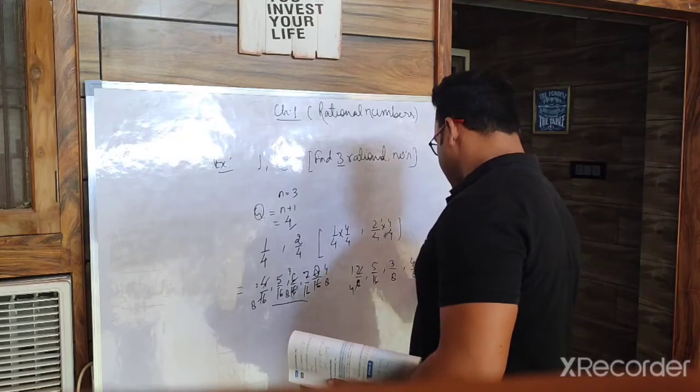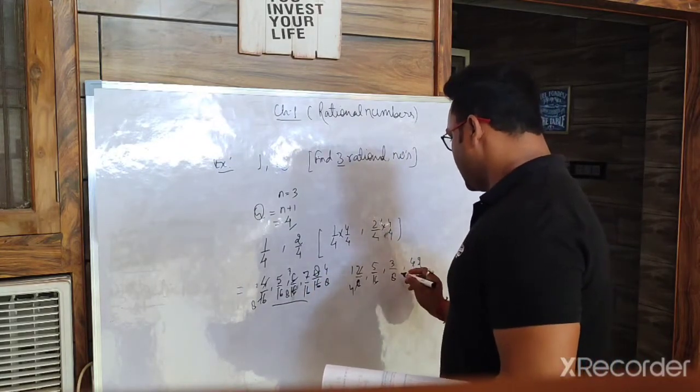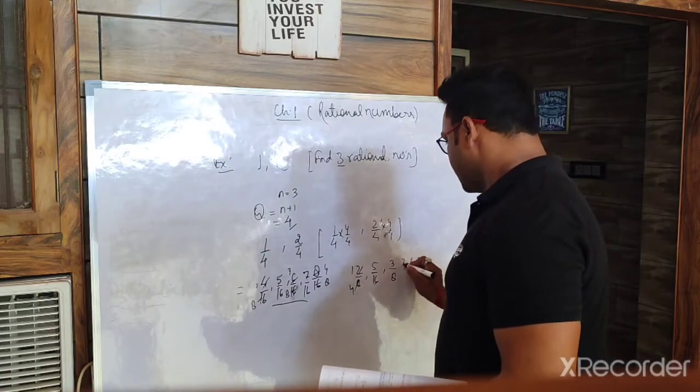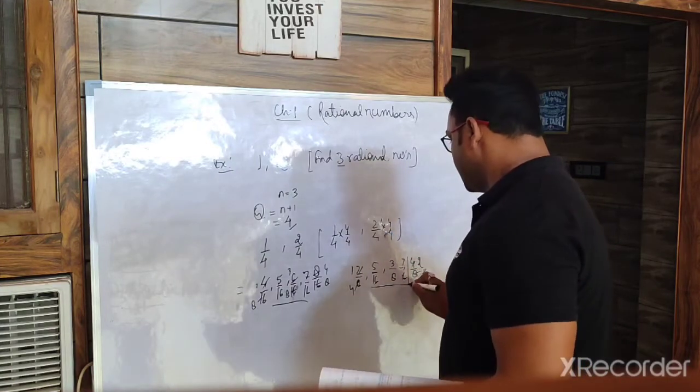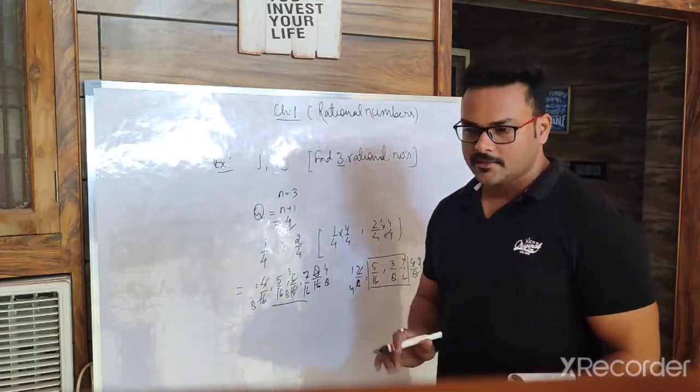So 5 by 16, 3 by 8 and 7 by 16 are the three numbers which we had to find. So very easily you can calculate this.